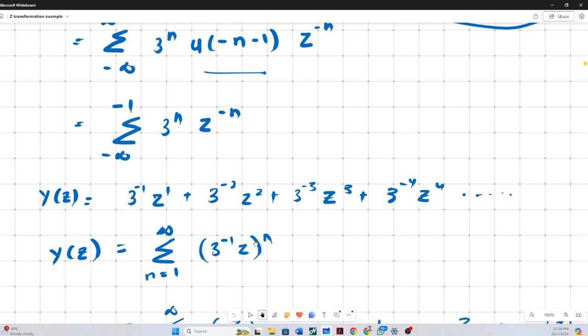So to make it clearer, actually we can say that it is 3^(-n) z^n, right? From here we can conclude that. So to make it simpler, I bring the n outside the bracket here, right?